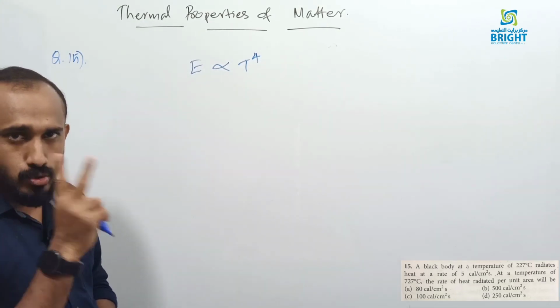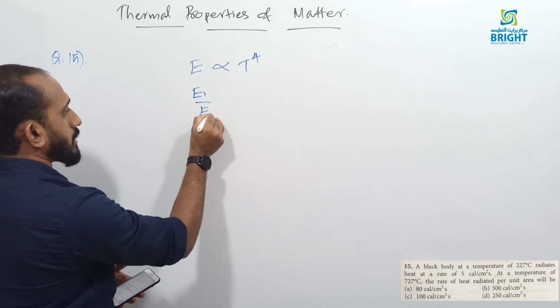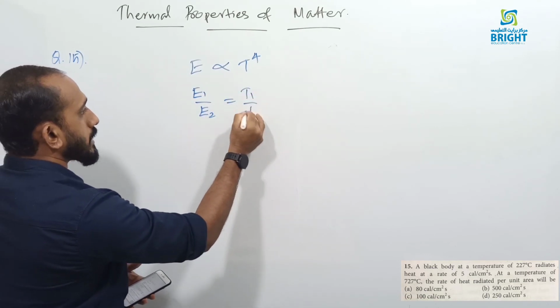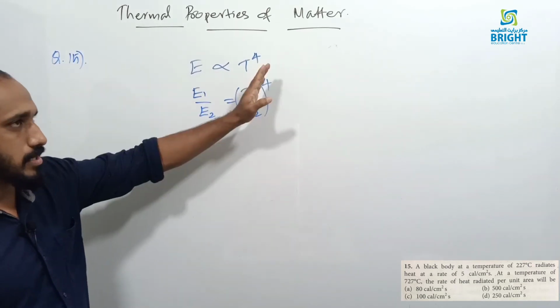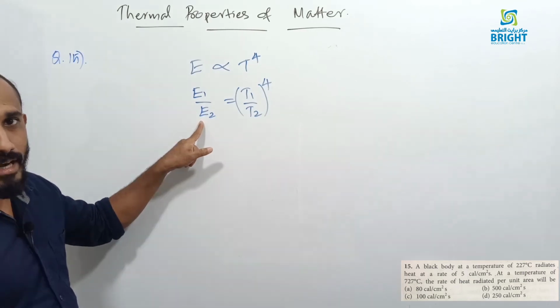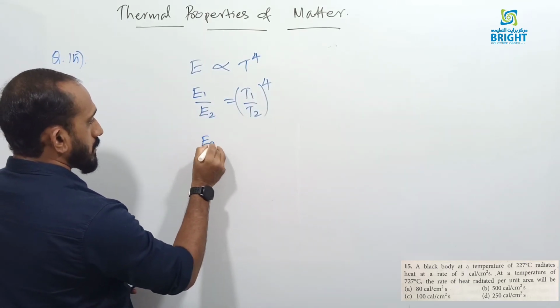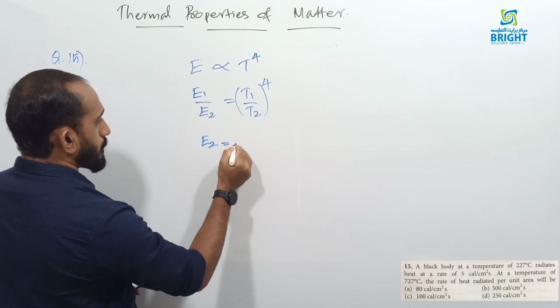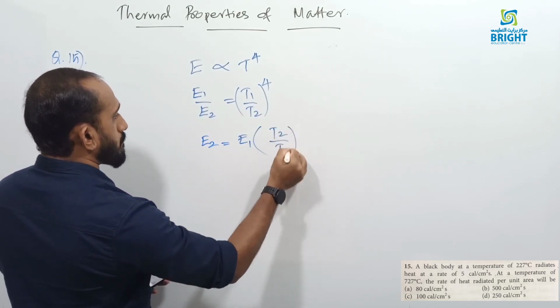So we have two temperatures and two energies. So we can say E1 by E2 is equal to T1 by T2 all power 4. Now we have to find out E2 actually. So E2 is equal to E1 into T2 by T1 power 4.